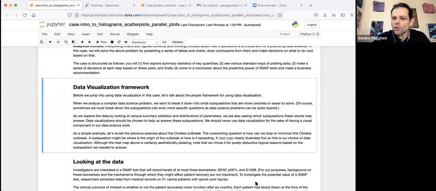So how do we get the data? Where do we get the data from? Researchers extracted data from medical records. So they are using historic data that were already collected on 31 dogs that had spinal cord injuries.